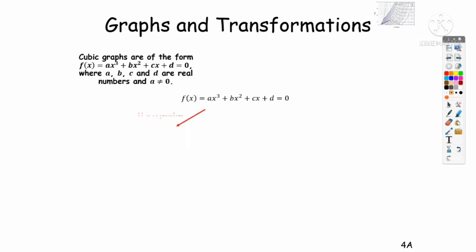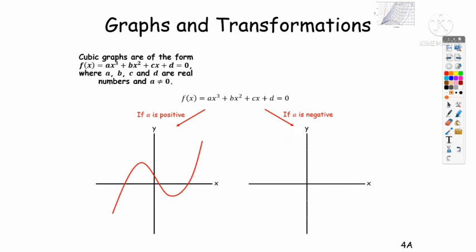First thing, if a is positive and if a is negative, we get those two shapes. If we have a positive coefficient of a, the graph will start in the bottom left and work to top right. If it's negative, it's going to start top left and work down to the bottom right. So it's a flip, if you will.